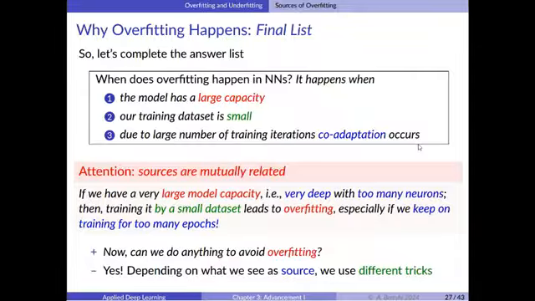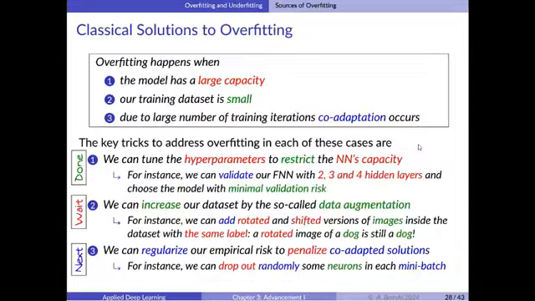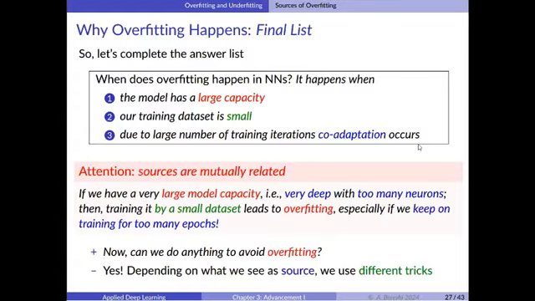So we now know that overfitting is caused by large capacity of the model, smallness of the dataset, and co-adaptation, which occurs because of the large number of training iterations. And we should note that, for example, the third one is related to the first and second one, and they are correlated with each other.